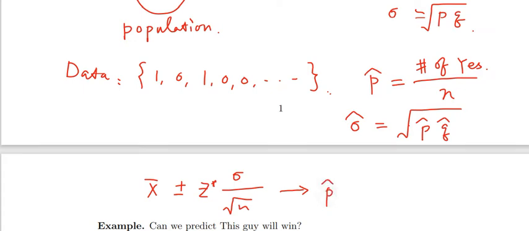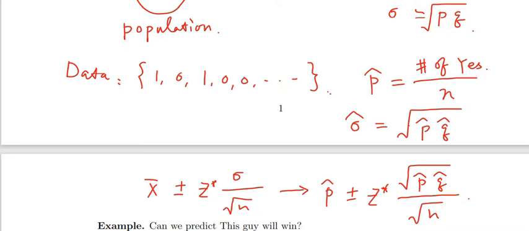Okay, so plus minus. We keep this stuff. Then for sigma we can use p hat q hat over radical n.